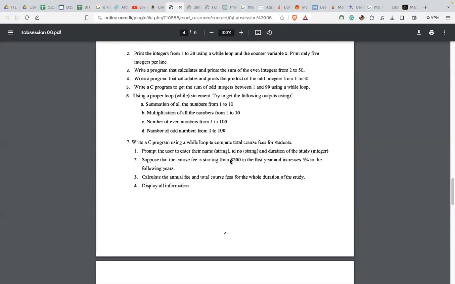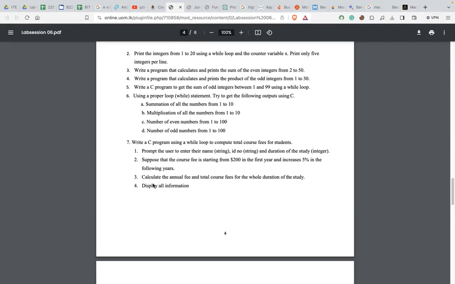That means you need to provide the annual fee for each year. The first year is $200. Next year, let's say it is 201, when you add the 5%, then 202. Likewise, you have to display each year's course fee, and ultimately provide the total course fee.